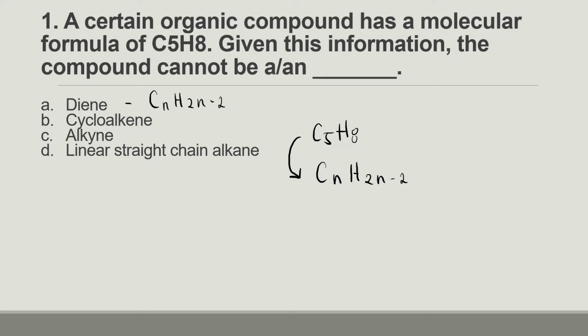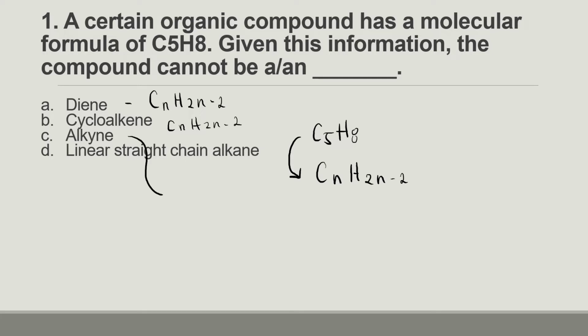So we know that we are given this organic compound na may ganitong formula, it can be a diene. For cycloalkene, do not be confused, ito ay cyclic na alkene. Ang general formula nito is the same, CnH2n minus 2.